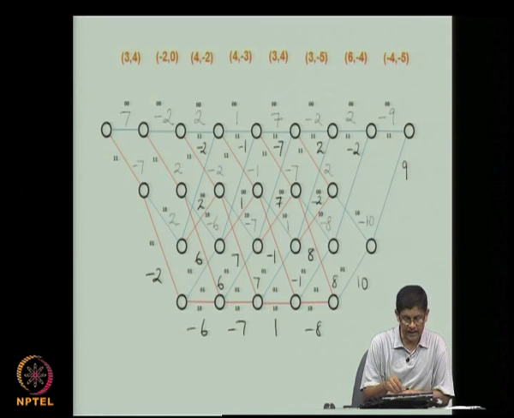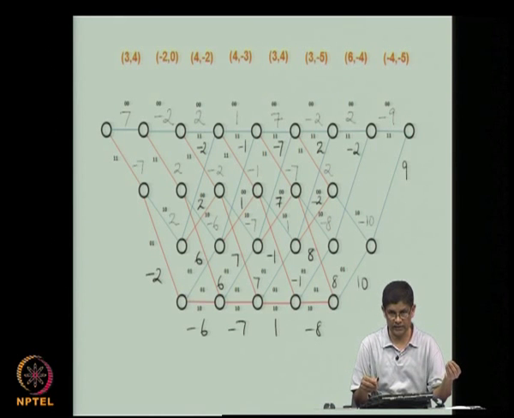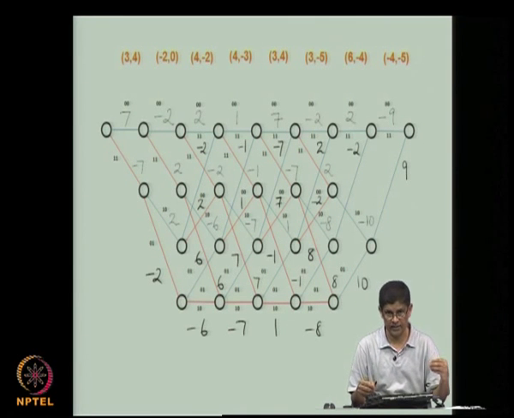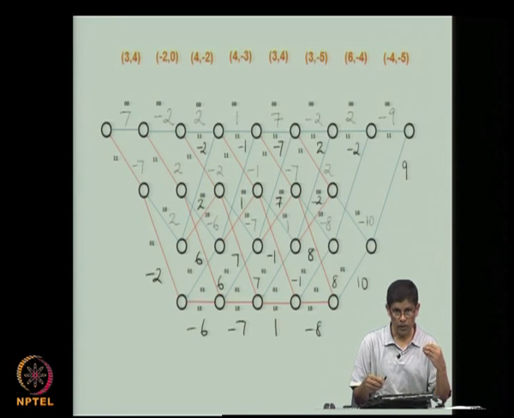So now you see that once you have written down these numbers, earlier the numbers were all integers, they were all positive, and you are looking to minimize the path metric. Here the numbers are real numbers, and they could be plus and minus, and you are looking to maximize the metric.